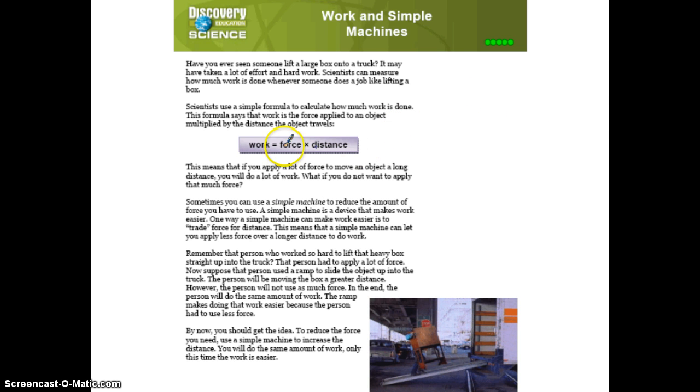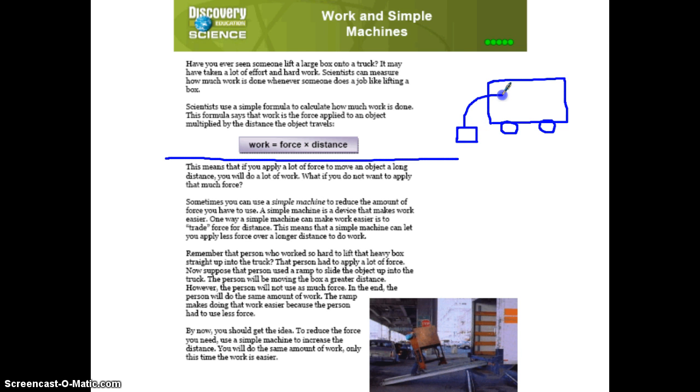So, for instance, I'm going to stop right here for a second. Let's say I have a truck, the back of a moving truck, kind of like the one you see below, but we're going to do something different with it. Let's say I have a box that I need to move into the truck. What I need to do is calculate the amount of force that's applied to this object.